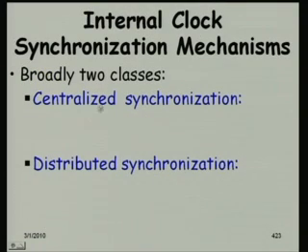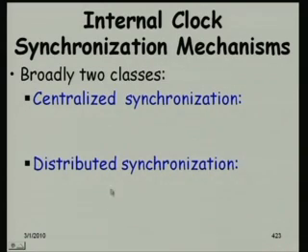So, the one that is actually used is internal clock synchronization, and if we look at internal clock synchronization mechanisms, there are two types. One is the centralized synchronization and the other is distributed synchronization. In a centralized synchronization, as the name says, we have one master clock. One of the clocks of the system will be the central clock or the master clock, and the clock values from that will be used to synchronize all other clocks.